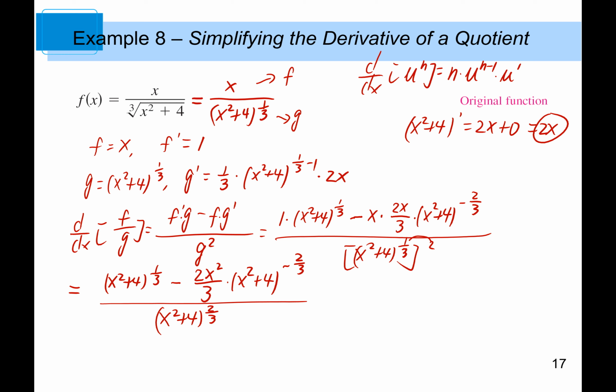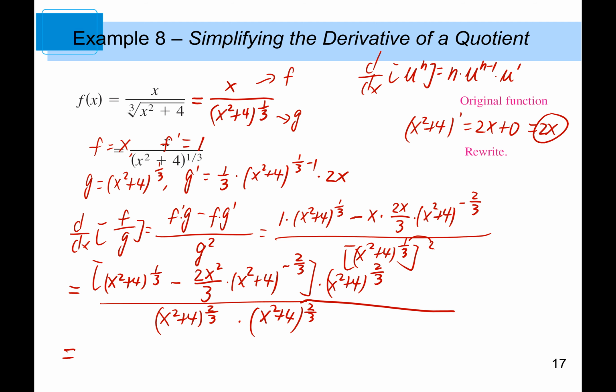Okay. Now it's not done yet, so we have to get rid of the negative exponents here. What we can do is multiply both top and bottom by (x squared plus 4) to the 2/3. After you multiply that, the first term, (x squared plus 4) to the 1/3 times (x squared plus 4) to the 2/3, becomes (x squared plus 4) to the 3/3, which is 1.